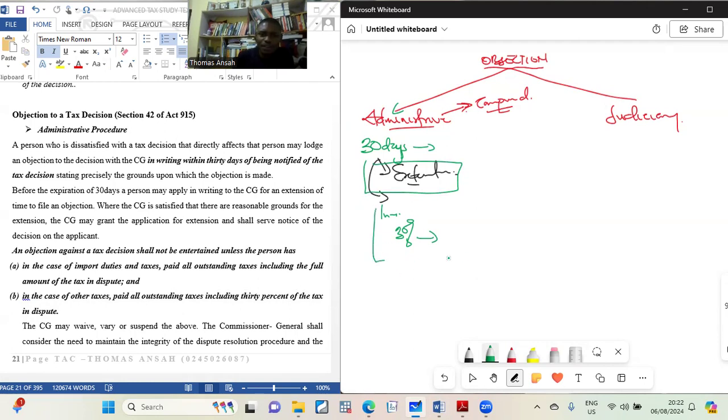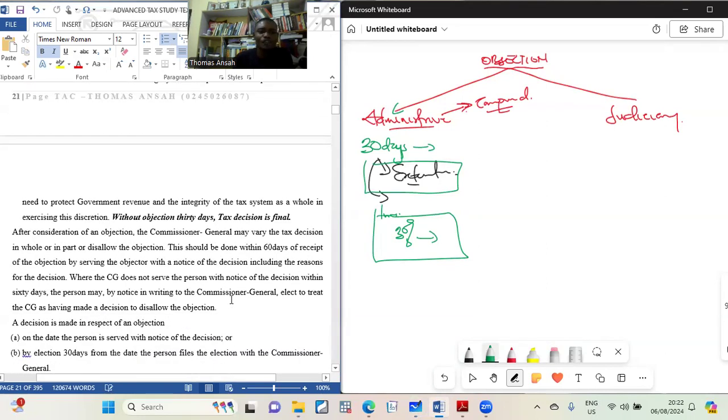In the case of income tax, you are saying I should pay all my outstanding taxes and also pay 30% of the amount that I'm objecting. If I have the 30%, why am I objecting in the first place? But he took it to court, he lost, and still this is in our tax law. All right. So that is that. If you don't pay, they won't even entertain it.